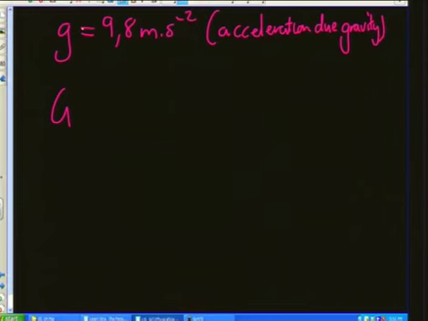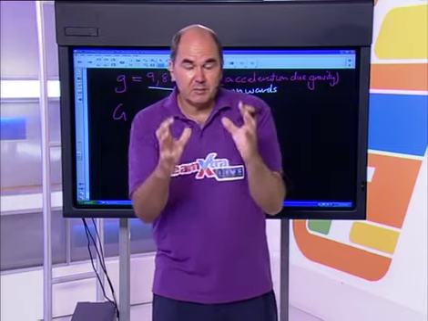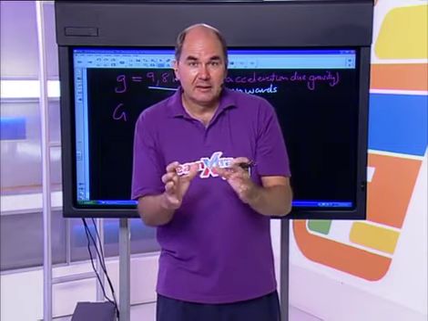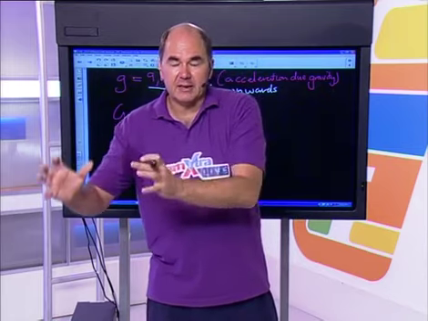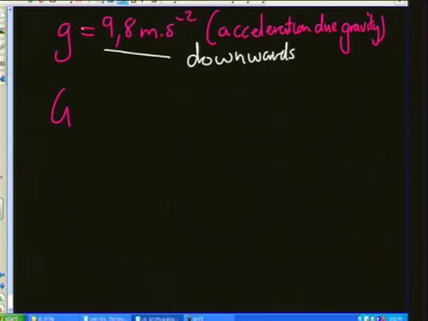So around the Earth, any object will have an acceleration towards the Earth. It's a downward acceleration at that particular acceleration. It's got units of meters per second squared, and we recognize that that's on the Earth.